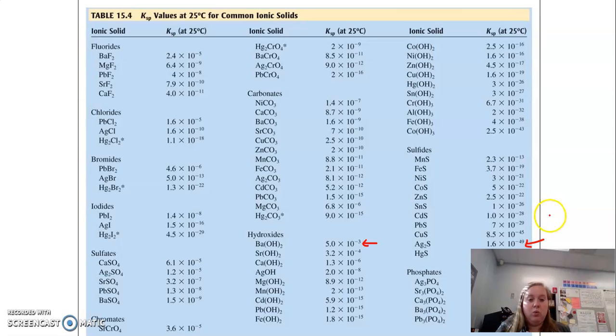And similarly, what's a statement that you can make about something on the solubility rules that says that it's always or almost always insoluble? Would that be something over here on the left side that has a relatively low Ksp value, or would that be something on the right side here that has one of those super, super small Ksp values?